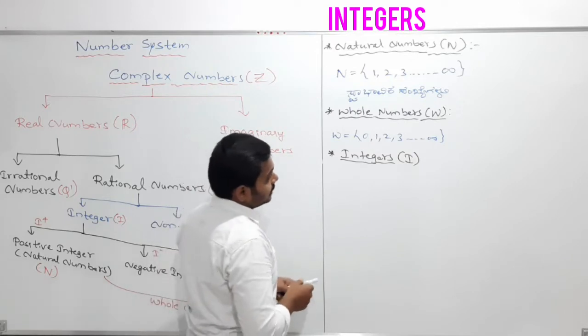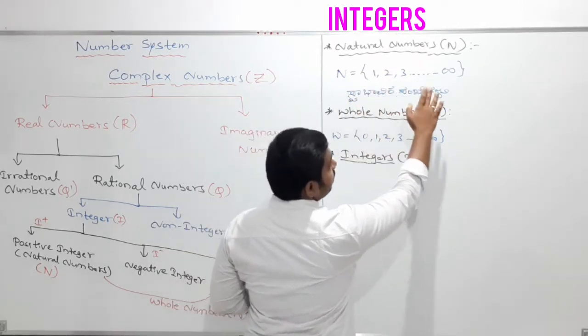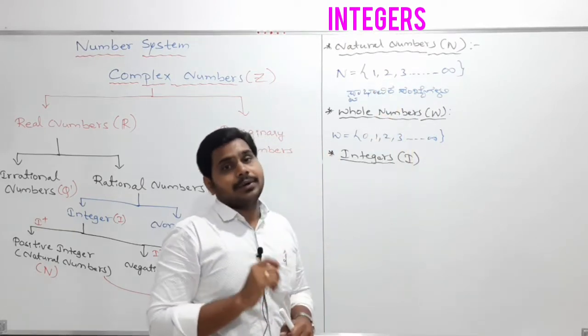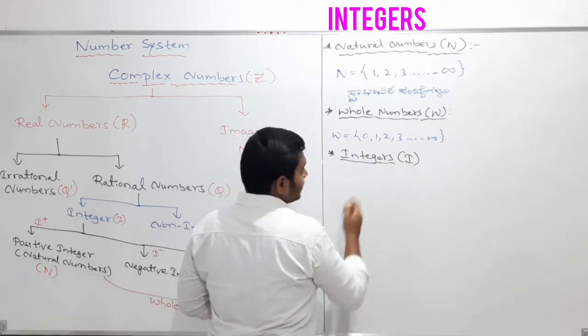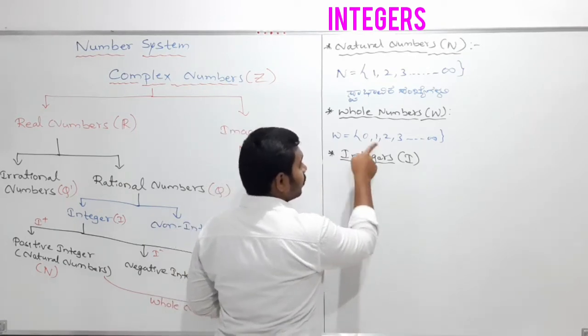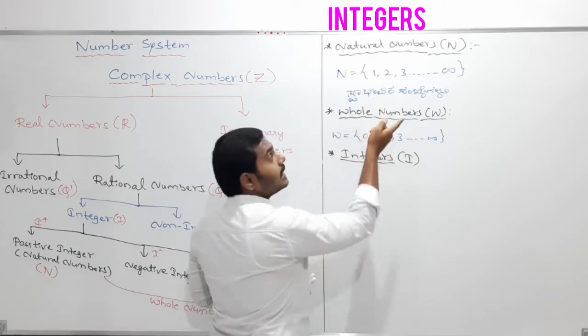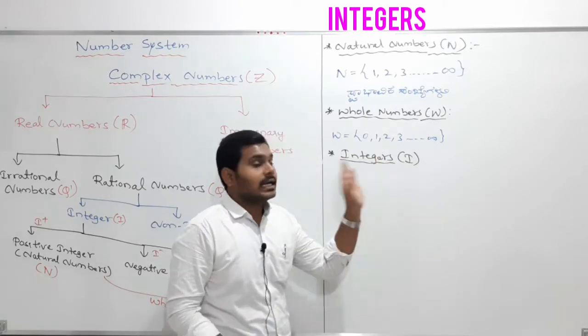Integers means, my dear students, these 1 2 3 whatever we have, these numbers we can call as positive integers. Clear? So before that, what are integers then? Integers means it is nothing but the whole numbers, my dear students: these natural numbers and negative natural numbers including 0 we can call as integers.